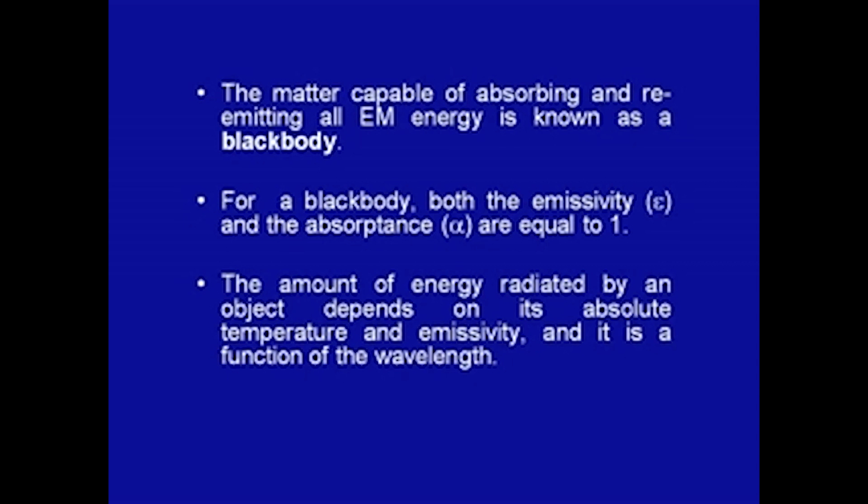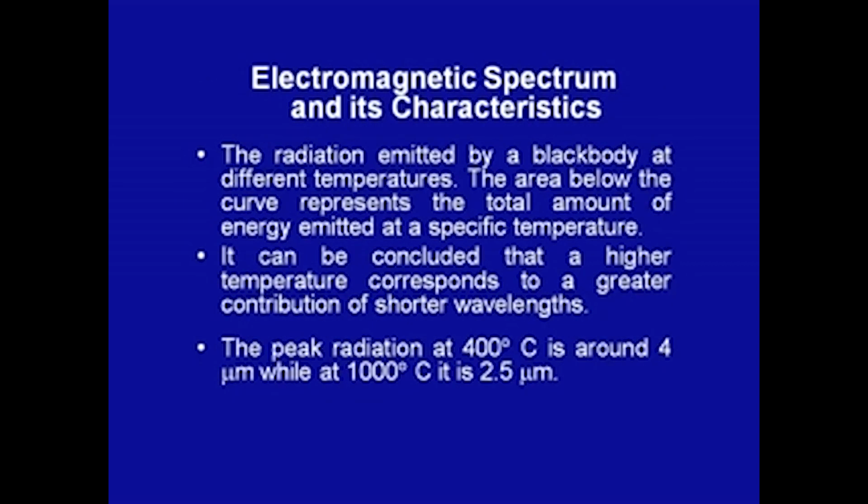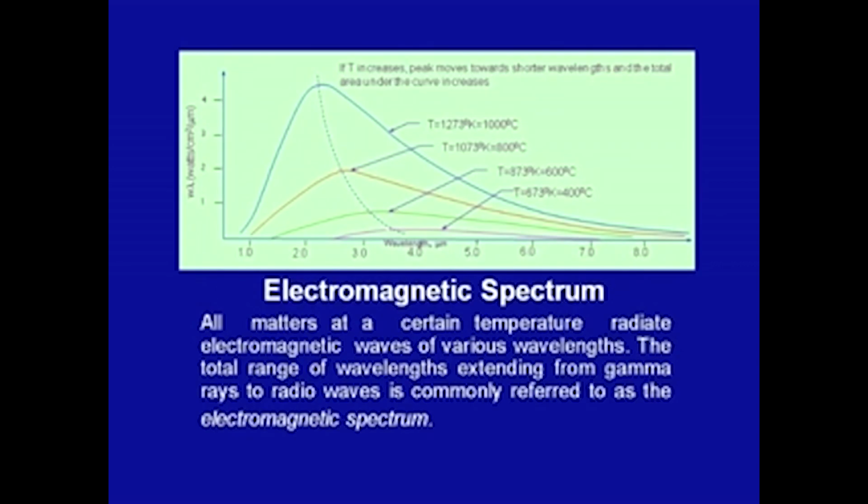The amount of energy radiated by an object depends upon its absolute temperature and the emissivity, and it is a function of the wavelength. The radiation emitted by a black body at different temperatures can be easily measured by looking at the next curve. This is nothing but the area under the curve, and here one can see the manner in which the amount of energy varies with temperature.